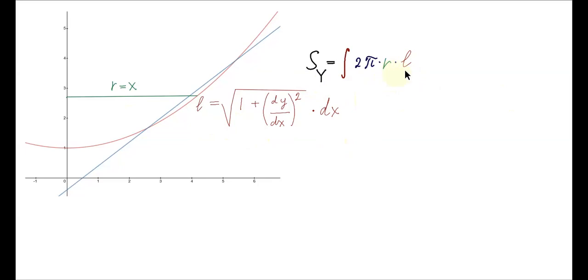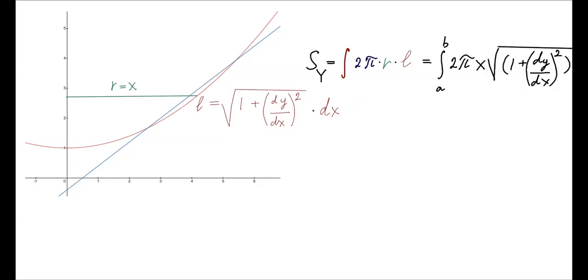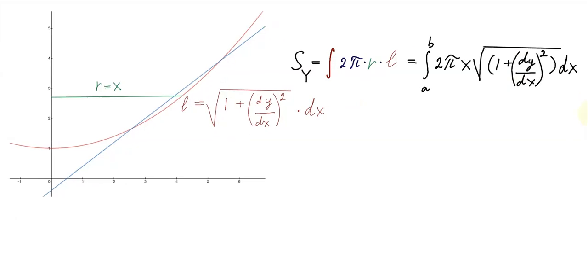R is x, L is the square root times dx, and everything under the integral sign. Plug in everything. Okay, it doesn't seem to fit. Let's try to fix it. Now it's better. So that is the outcome.